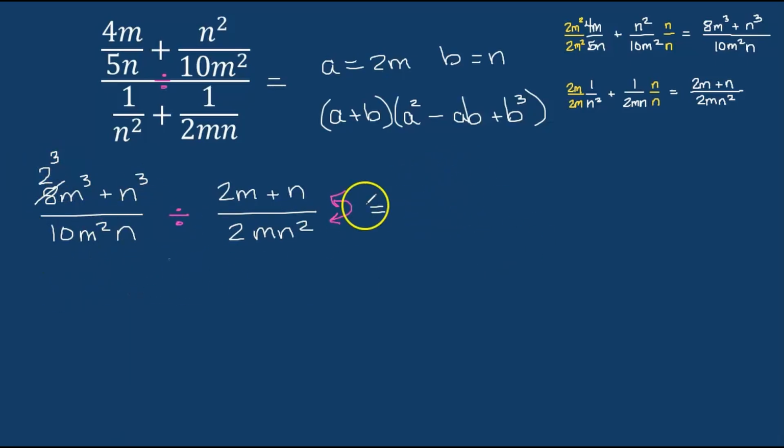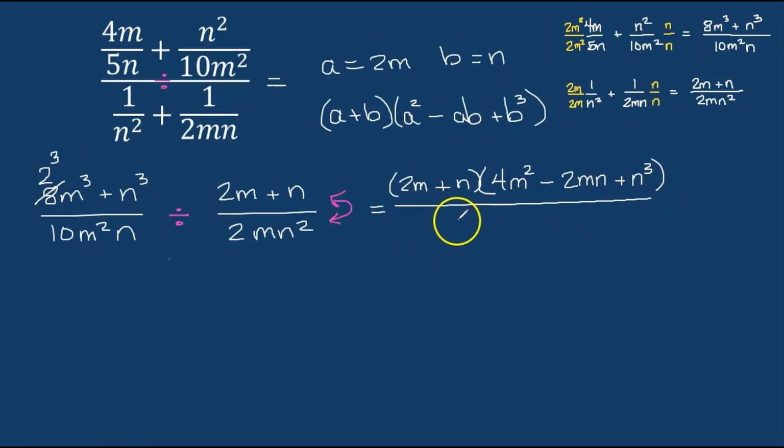So we're going to change the form of that numerator. We're going to rewrite it now as 2m plus n, 4m squared minus 2mn plus n cubed.